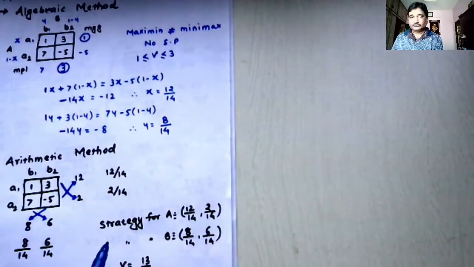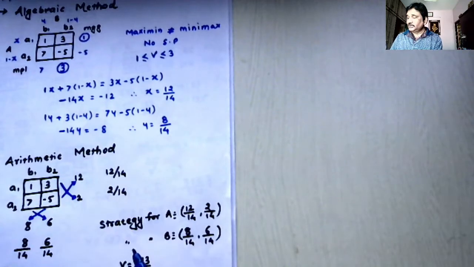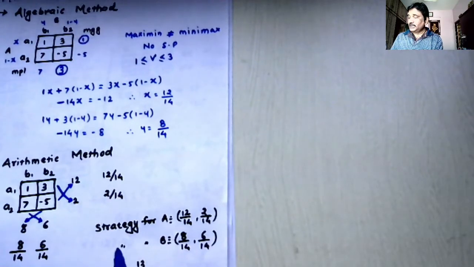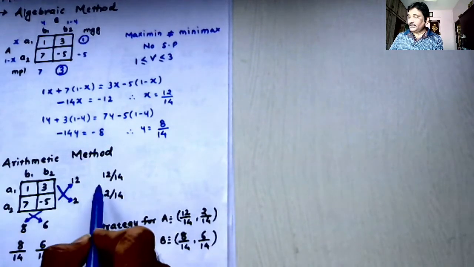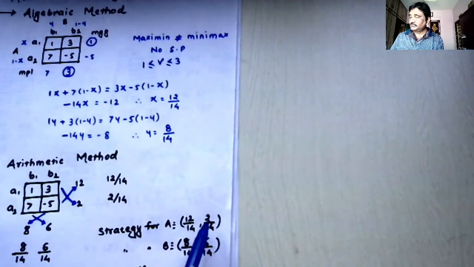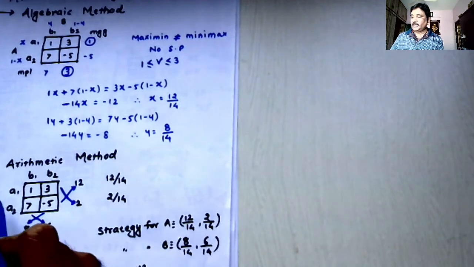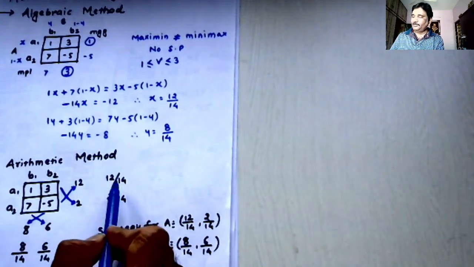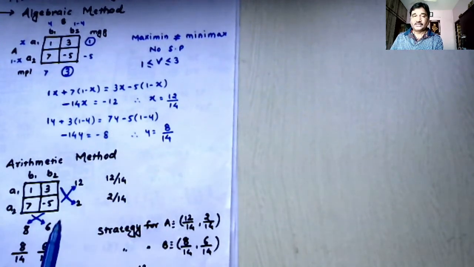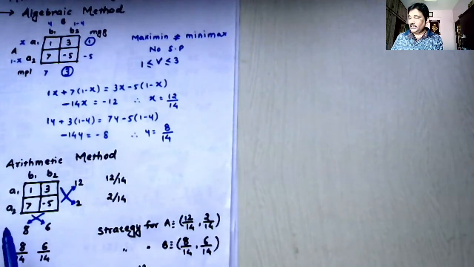Now, just look at this. Strategy for player A is going to be 12 by 14, 2 by 14. A1 will be played in proportion. Out of 14 times, A1 will be played 12 times and A2 will be played 2 times.